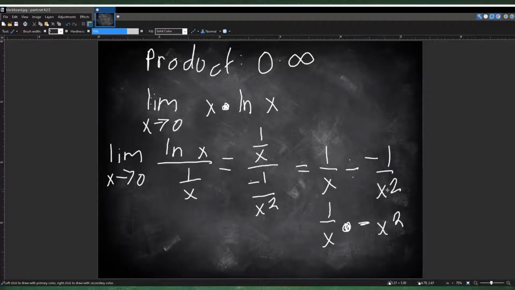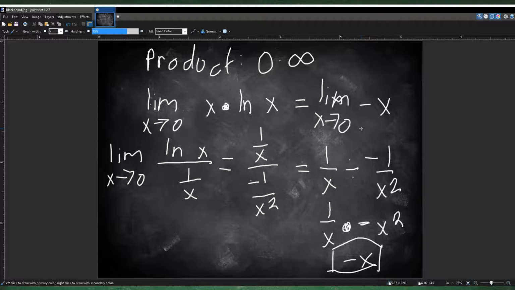So multiplying by x squared divided by negative 1, which is negative x squared. So negative x squared times 1 over x is just negative x, right? So basically all of this, the limit as x approaches 0 of x times ln of x, all that is basically just saying the limit as x approaches 0, and it just basically equals this, because that's all you simplify to. So you have negative x.